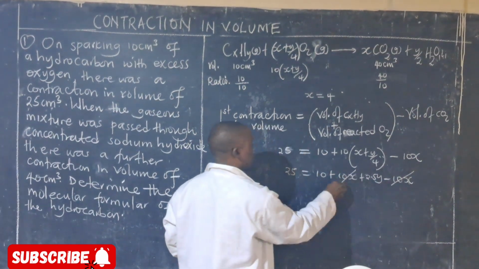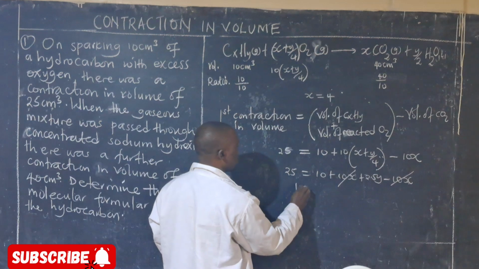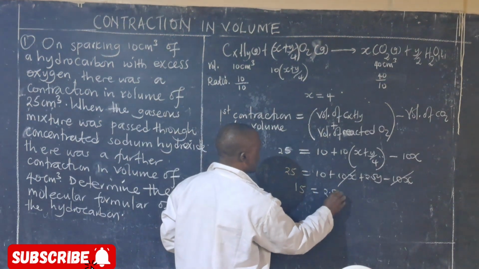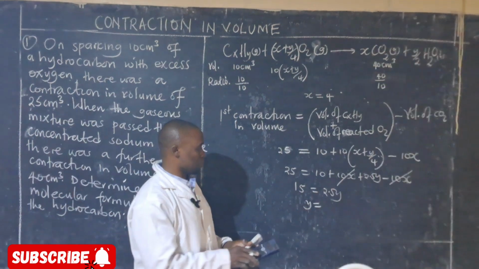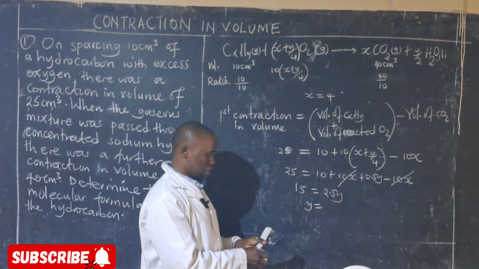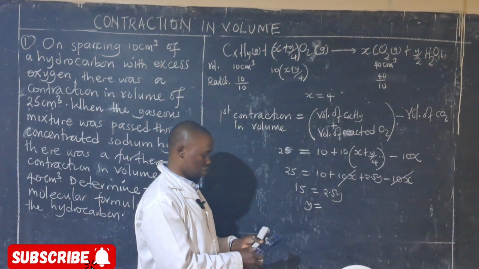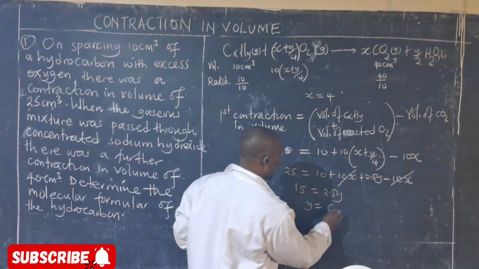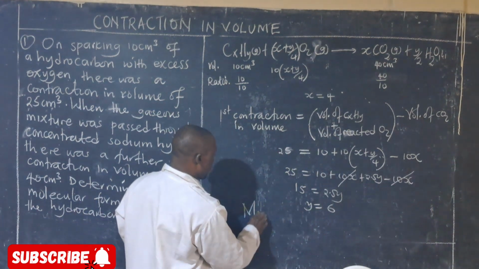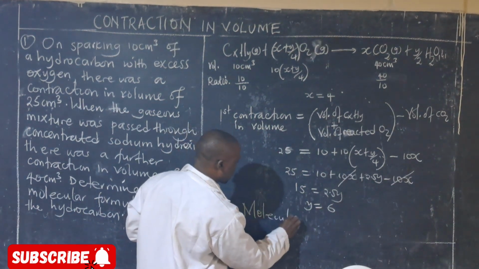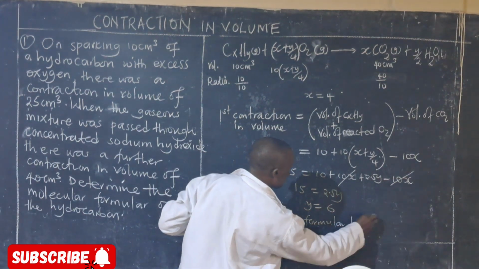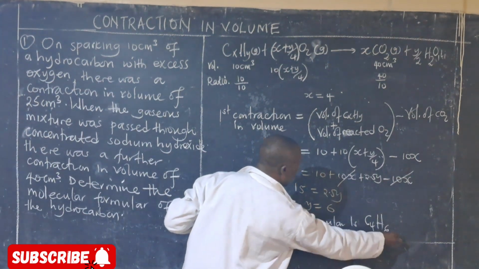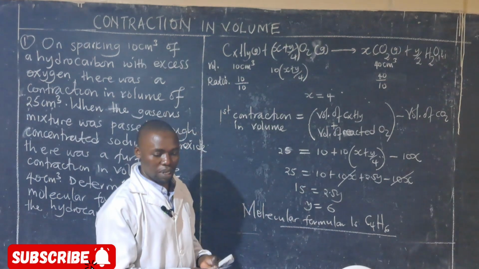This and this can go, giving us 15 is equal to 2.5y. So y, punching the calculator, 15 divided by 2.5, is roughly 6. So the molecular formula is C4H6.